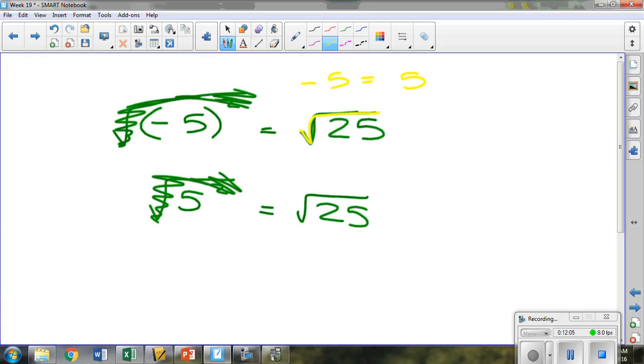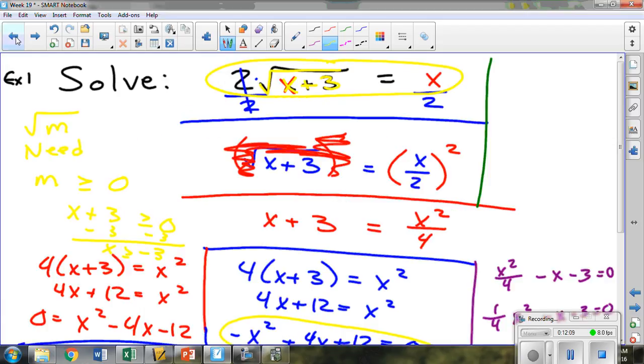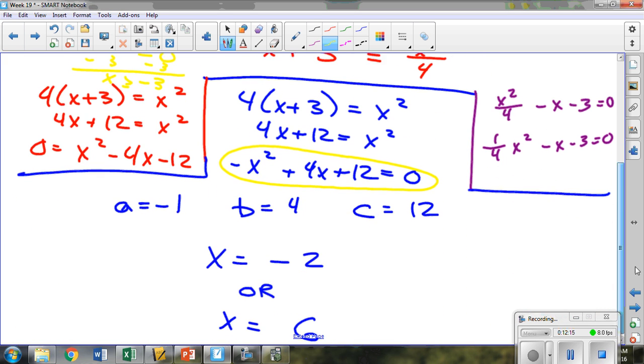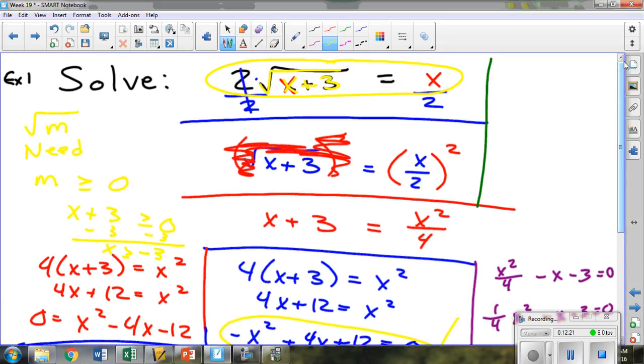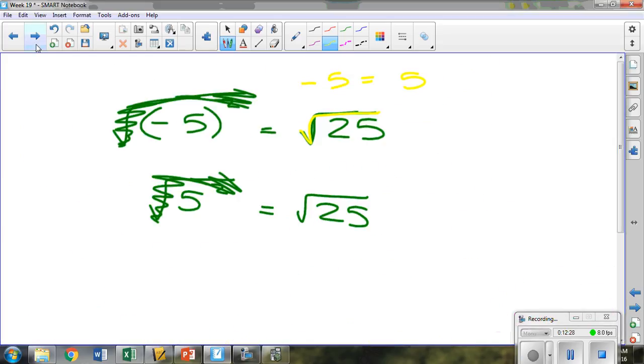Here's the short version behind what you need to do, because I know this is beginning a little bit long-winded. When you use this squaring technique, you will often create an answer that's true in the altered problem, but it's not true back in the original. And it's because of this problem.